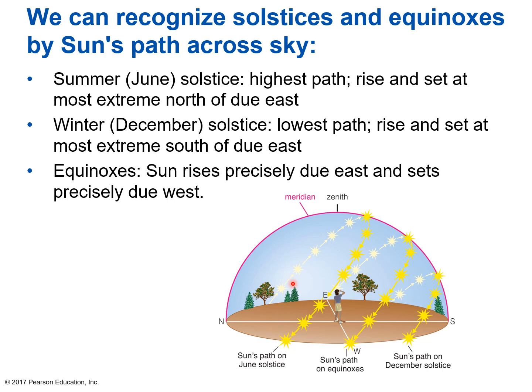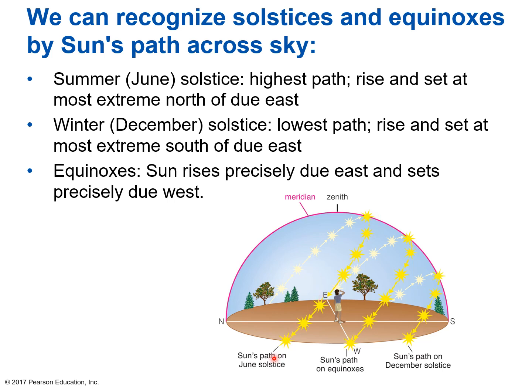It rises and sets at the most extreme north of due east. So it goes up, and about noontime it hits the meridian. Notice it's not at the zenith. There are some places on the earth it's at the zenith, but most places the sun doesn't go directly overhead. But it does cross the meridian, and that's about noontime, and then it goes down and sets.